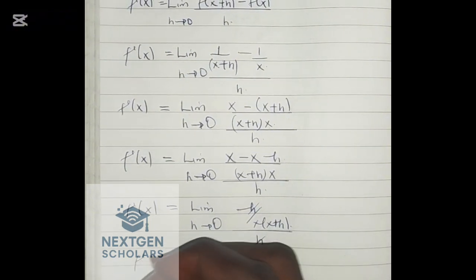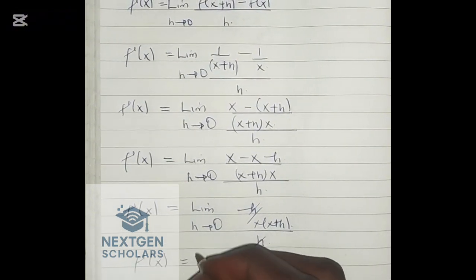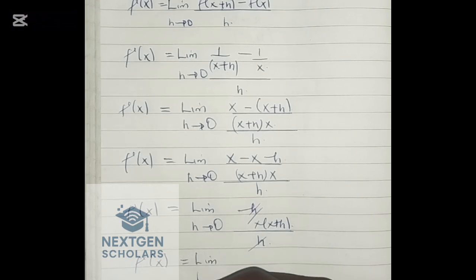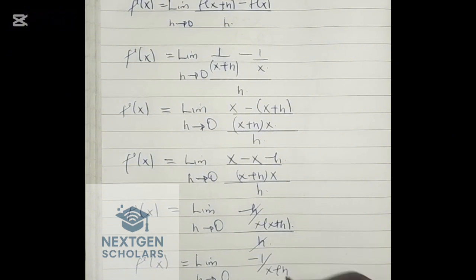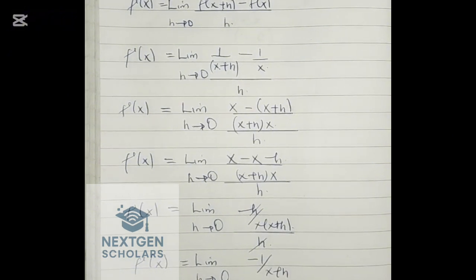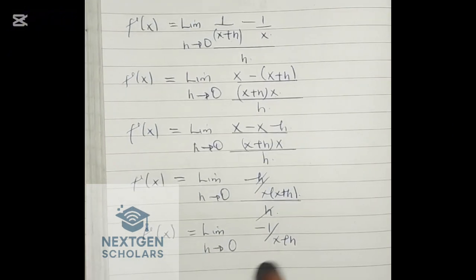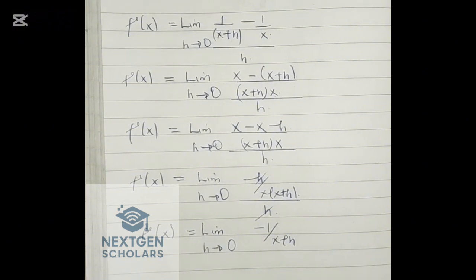So f prime of x is equal to the limit as h goes to 0 of negative 1 all over x plus h. And I used to say to you that the moment you divide here, just take your limit, h to 0. That is, wherever you find h in your expression, put in 0.